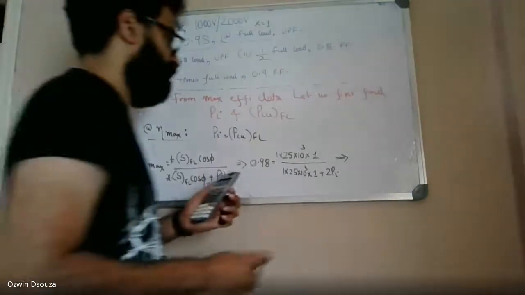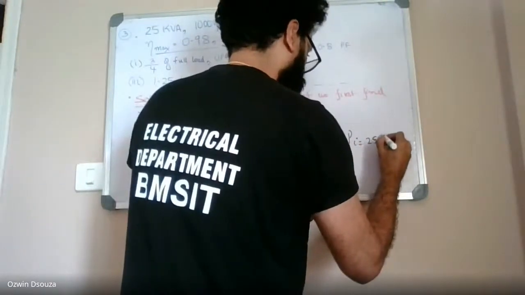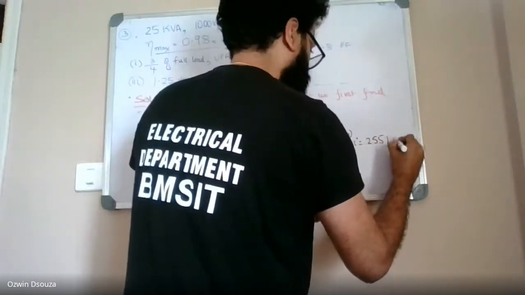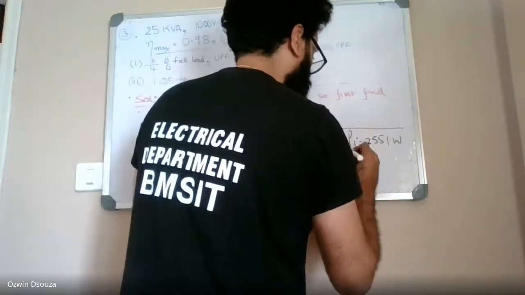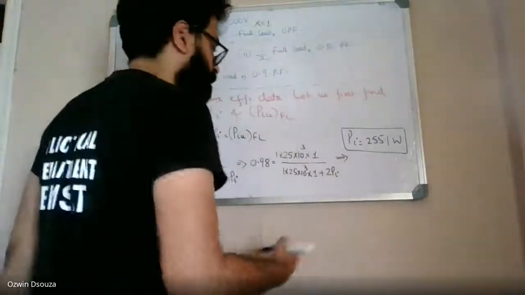So are you getting iron loss as 255.1 watts? So iron loss is 255.1 watts when you simplify.